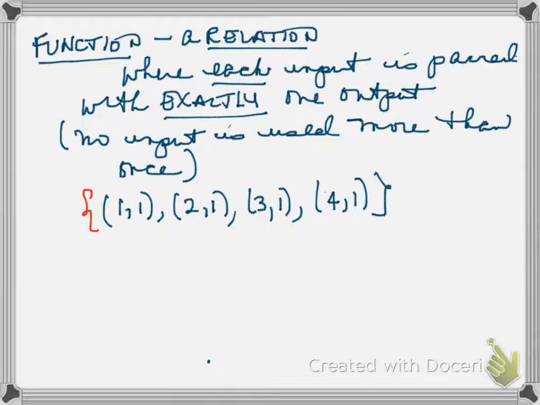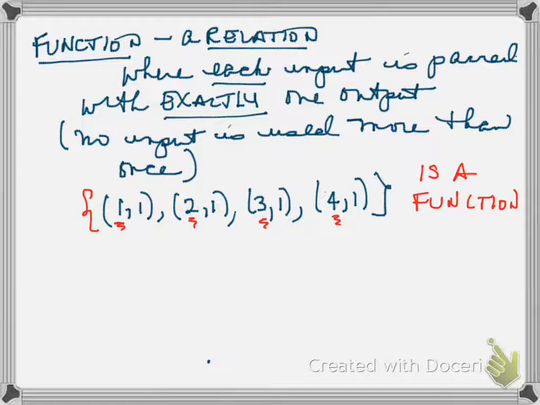To try and decide if this is a function, we would look at the ordered pairs and focus on the input values. So we're going to pay attention to the 1, the 2, the 3, and the 4. And when you look at this, there are no repeats, so we would say that this is a function. Notice the fact that all of the y values were all the same does not impact whether or not we have a function. It's really all about the x values.